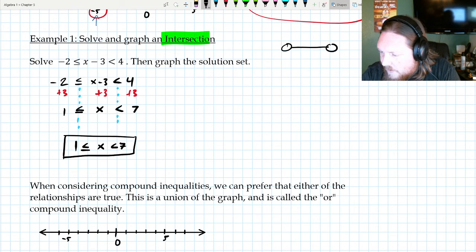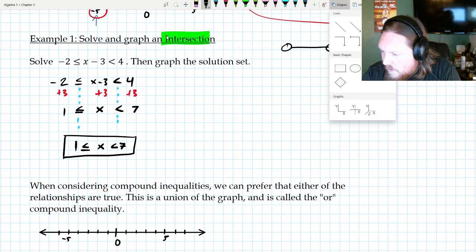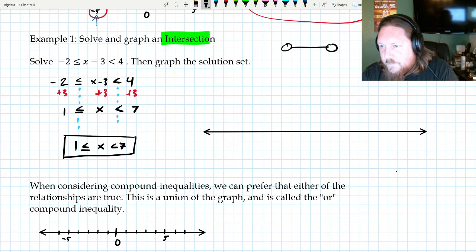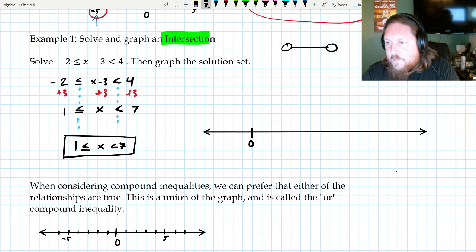So now I got to draw my number line. And this one, it's small enough I can actually draw out most of the points, right? So let's make that 0, 1, 2, 3, 4, 5.